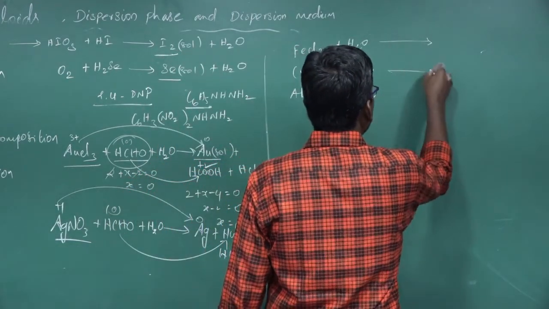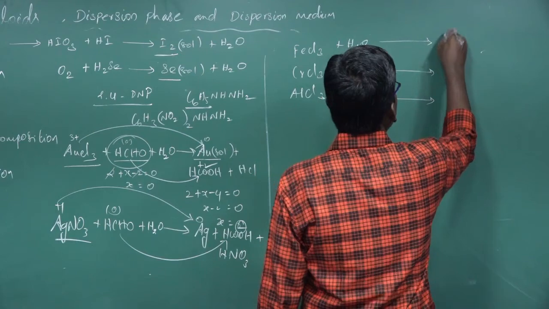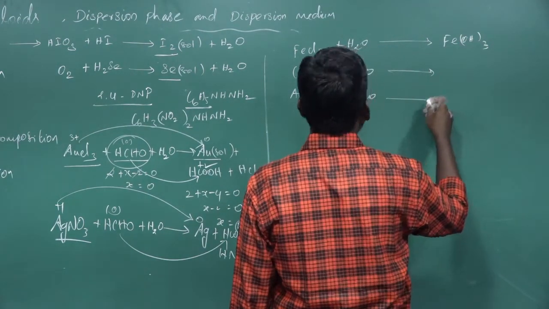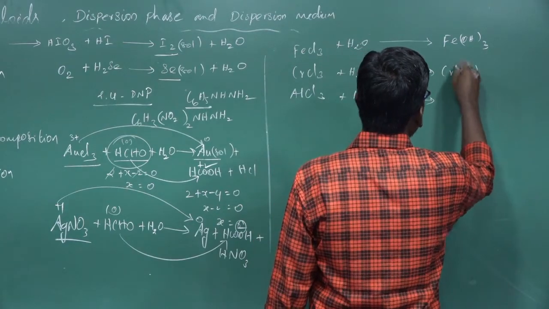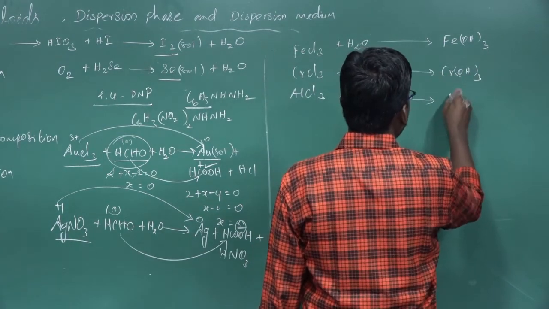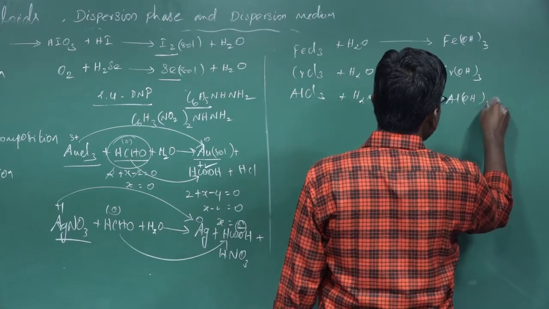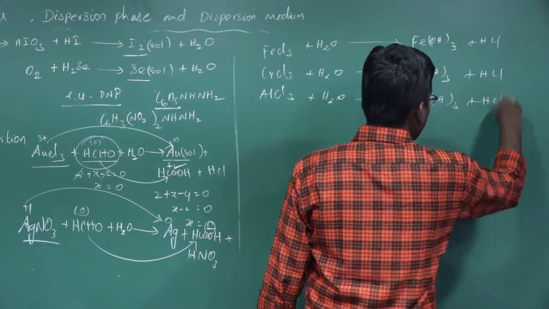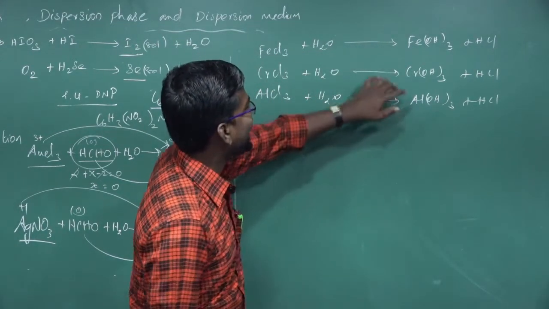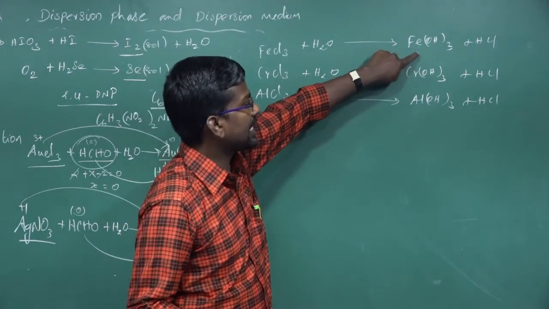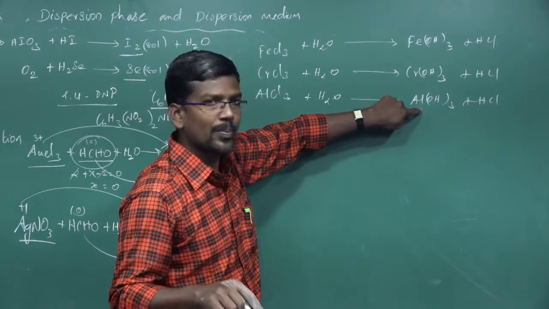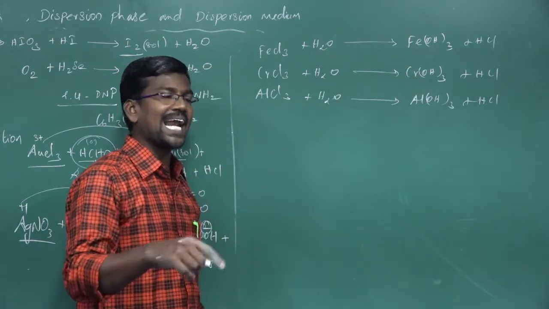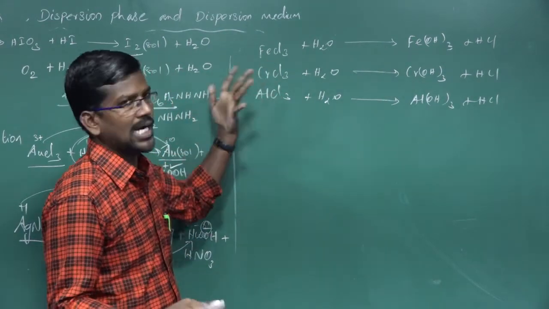The OH group is obtained from the water molecule. So we get ferric hydroxide Fe(OH)3, chromic hydroxide Cr(OH)3, and aluminum hydroxide Al(OH)3, plus hydrochloric acid, HCl. So hydroxide salts, ferric hydroxide, chromic hydroxide, aluminum hydroxide, can be prepared from hydrolysis of the respective chloride salts.